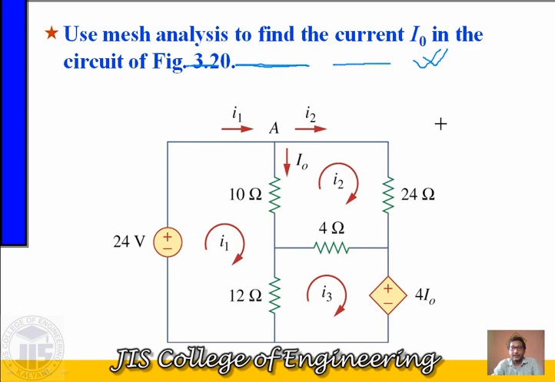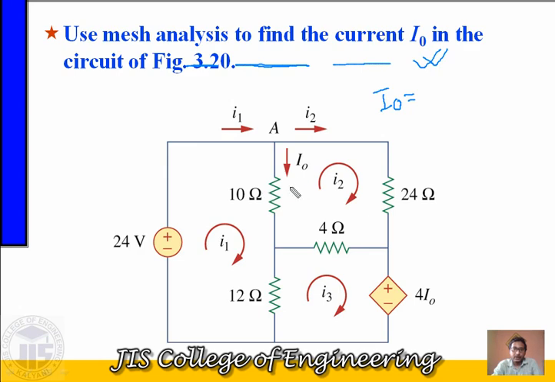So what is this capital I0 current? This capital I0 is the branch current in the up to downward direction through this 10 ohm resistance. Which mesh currents are there? I1 is up to down and I2 is also there. This 10 ohm resistance shares the I1 and I2 mesh currents.